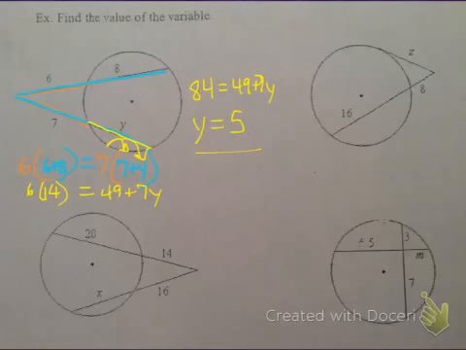Okay, next example, we've got z, which is a tangent segment out here. And we've got a secant segment with the outside of 8 and an inside of 16. So let's set up our equation. For z, we've got the outside times the whole, so that's going to be z squared. And for our other segment, we've got the outside times the whole, so the whole is 8 and 16.